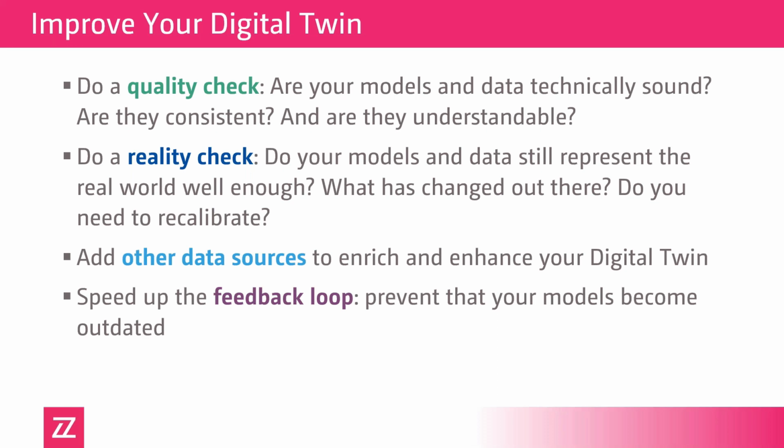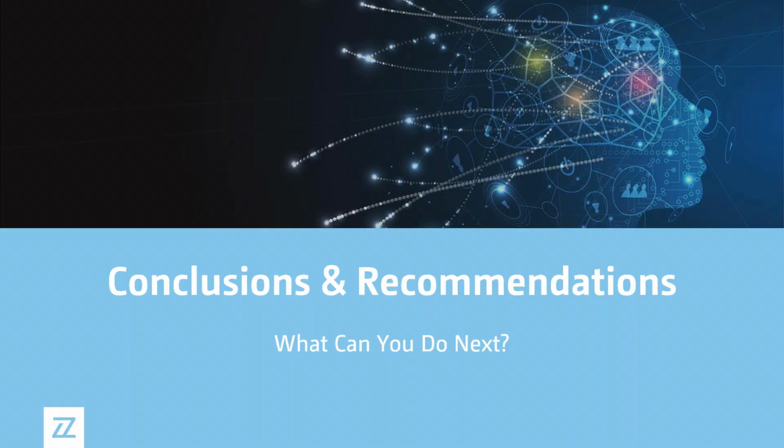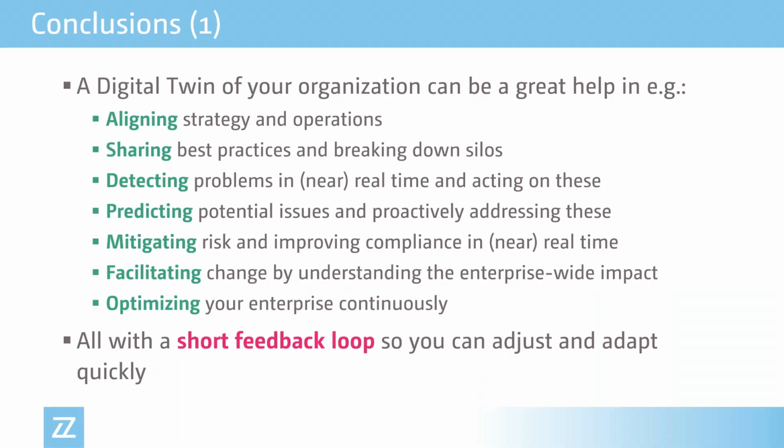Right, reaching some conclusions. Now we can get to some questions. A digital twin of your organization can be very useful, can be a great help in all kinds of scenarios. And I've mentioned a few here, ranging from aligning operations with strategy, to continuous optimization of the enterprise, and all sorts of ways in between. Operationally, in detecting issues, maybe security issues, cost issues, all sorts of things.